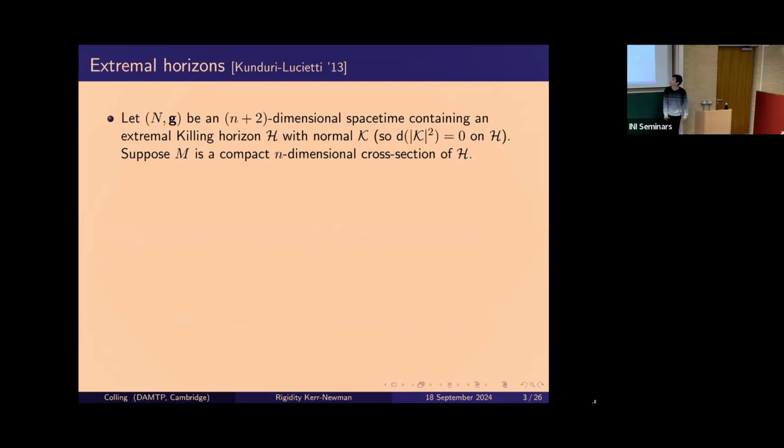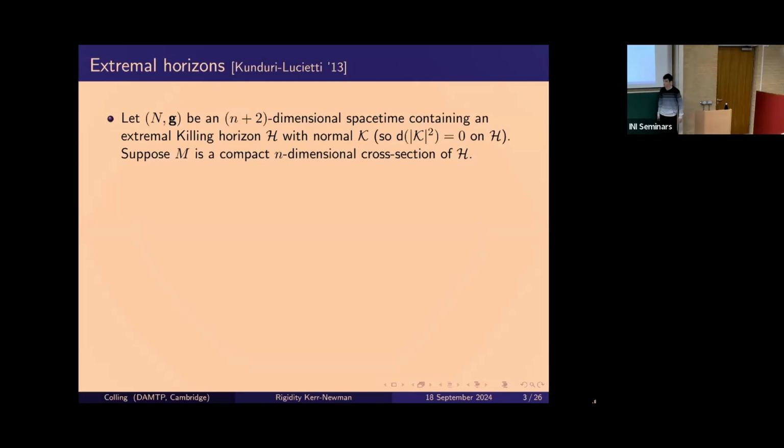We're going to assume that it contains an extremal Killing horizon H. So H is a null hypersurface, and there's a Killing vector K, which is normal to H. The extremality assumption means that the norm squared of the Killing vector has a double 0 on the horizon, so d(K squared) is 0 on H. Equivalently, the horizon has 0 surface gravity. We will also assume that there is a codimension 1 compact submanifold M of H, which is transversal to the generator, so the integral curves of K.